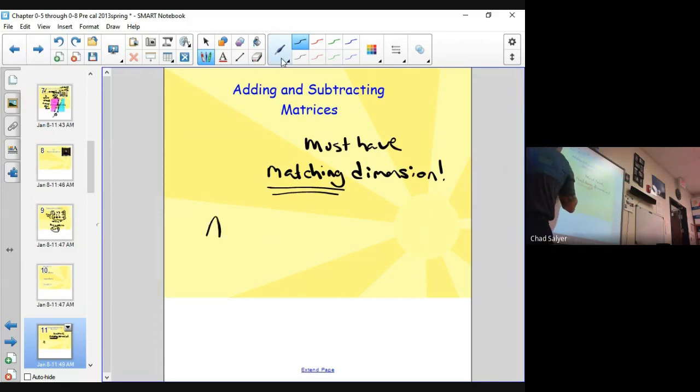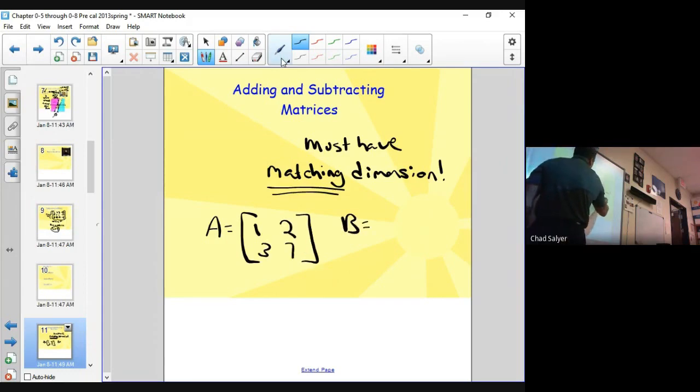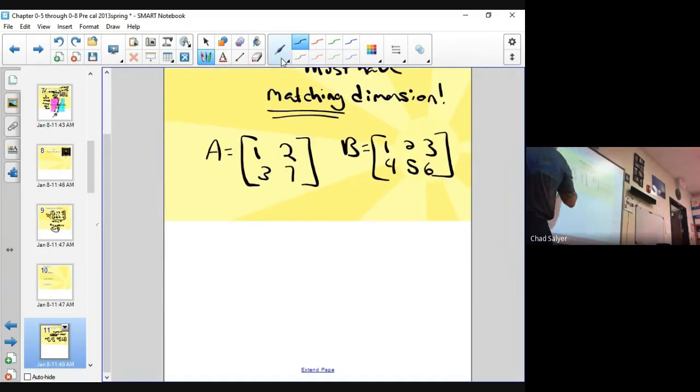So let's put some matrices up here. I'm going to define A, B, and C. Like so.